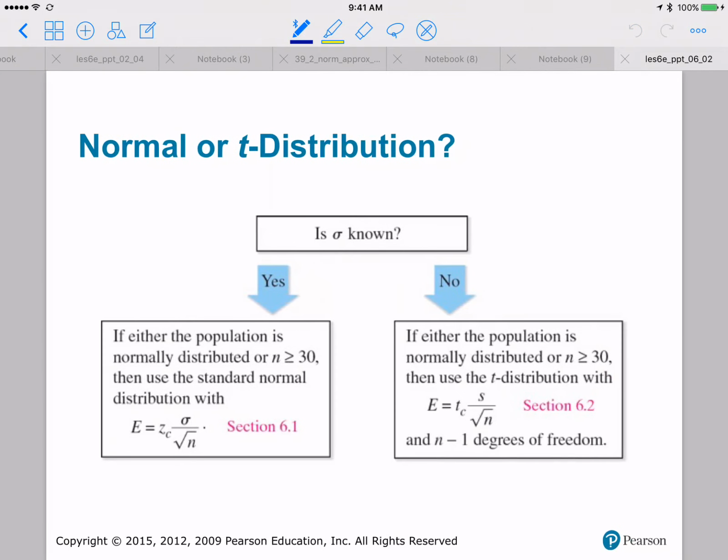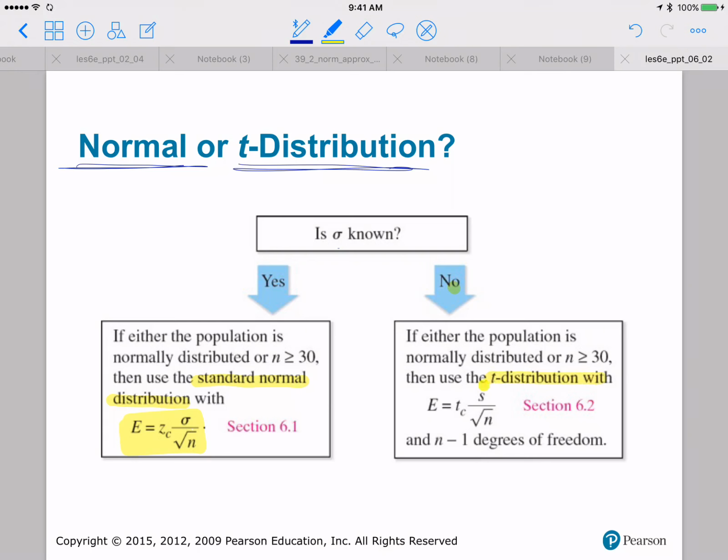Now this is a little rubric here to tell you, are you going to use a normal distribution or a t-distribution? And it essentially depends on if sigma is known. If sigma is known, then you use standard normal distribution. Okay, and then here's your formula for the margin of error. If sigma is not known, then you need to use the t-distribution.